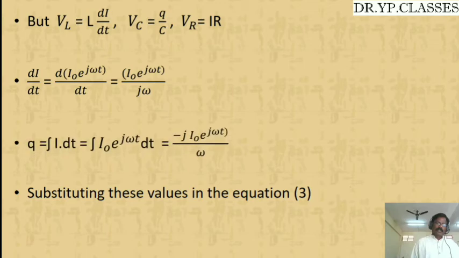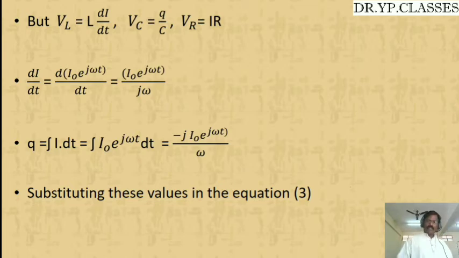After differentiation, this gives jω I₀e^(jωt). And q = ∫I dt, because I = dq/dt. If you integrate, you will get the charge. So q = ∫I₀e^(jωt) dt, and after integration it is −j I₀e^(jωt)/ω.